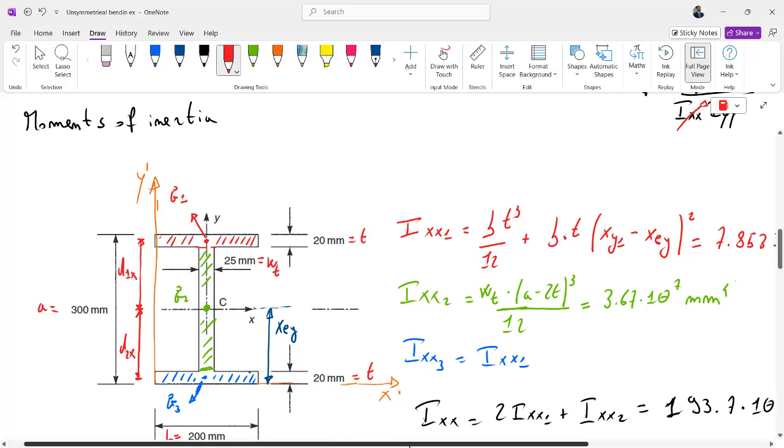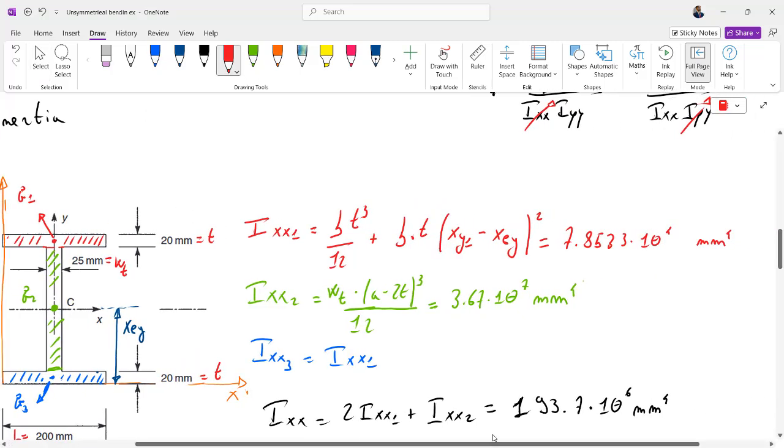So Ixx1, Ixx2 and Ixx3 are calculated. Ixx3 is clearly equal to Ixx1 because of the symmetry of this beam. Ixx1 is calculated with the theorem of the parallel axis, also known as the Huygens-Steiner theorem.